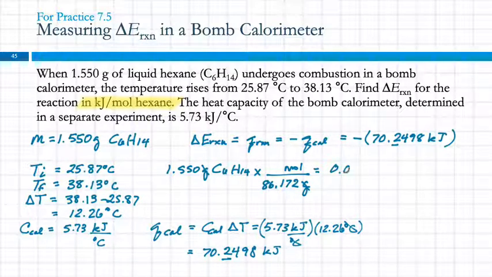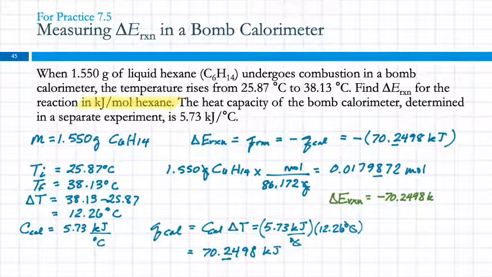So this is 0.0179872 moles of hexane. So we had 70.2 kilojoules of energy released for 0.0179872 moles.